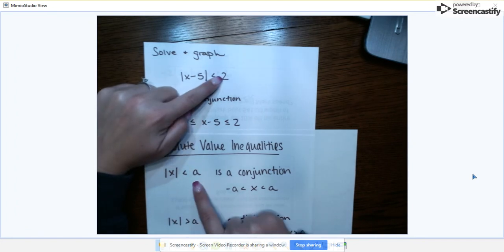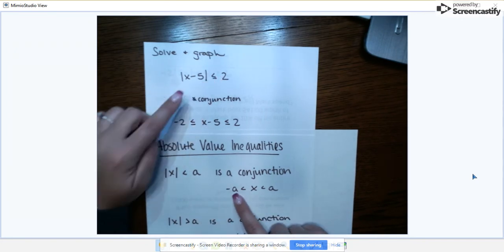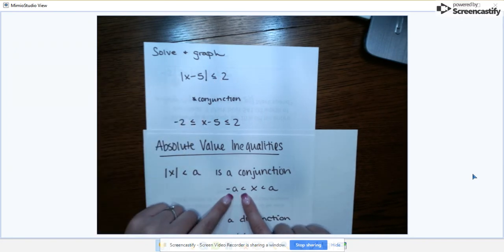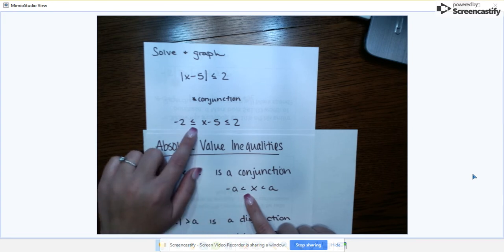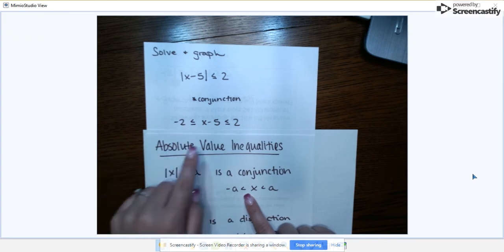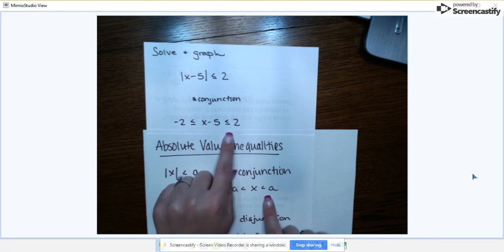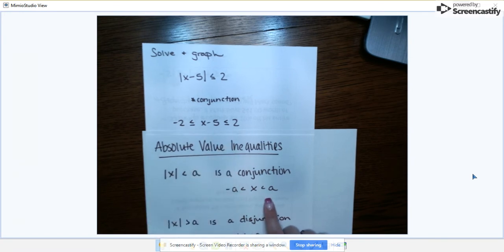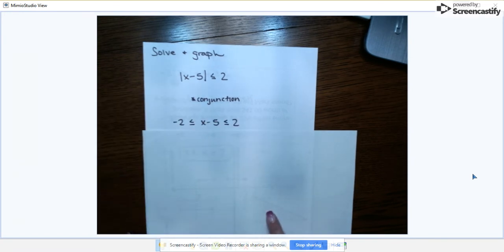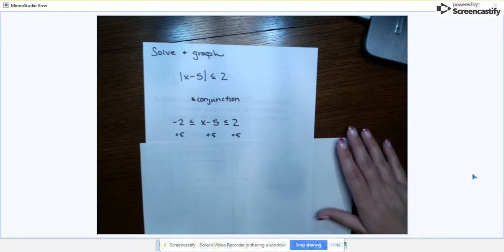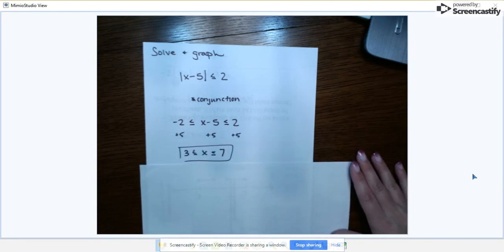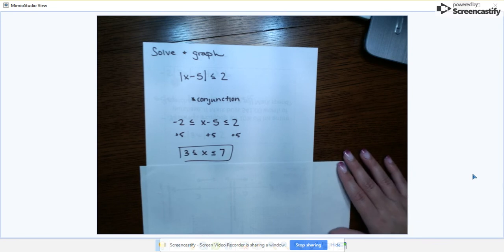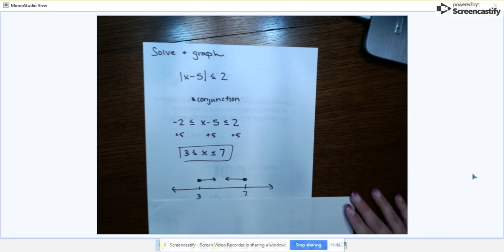Negate that answer, so we put negative a, negative 2, less than or equal to that absolute value piece, x minus 5, and then less than or equal to our a value. We can solve this like a regular inequality. Add 5 to all three sides, and we get 3 is less than or equal to x, less than or equal to 7. And when we have these inequalities, we can graph them on a number line. For any conjunction, the arrows will come together.